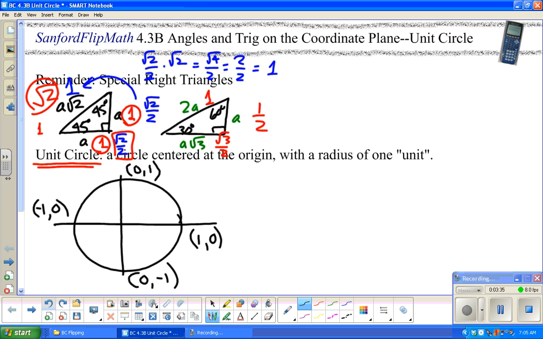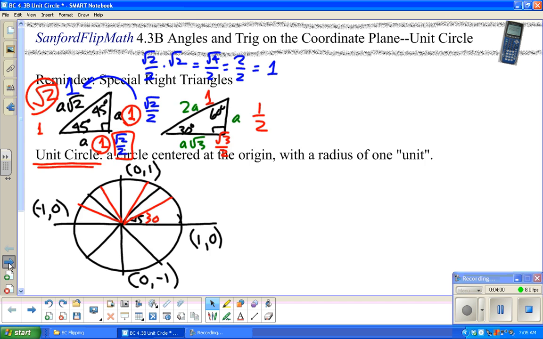We're going to be looking at special angles on this, like multiples of 45, so 45, 90, 135, etc., and also the multiples of 30, so like 30, 60, 90, 120, 150, etc. That's where we're going with this.